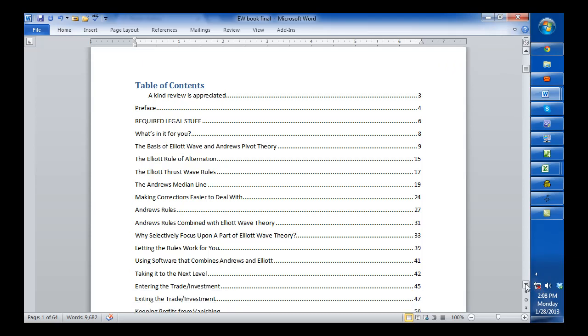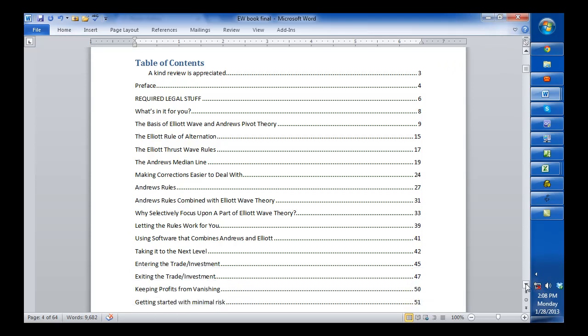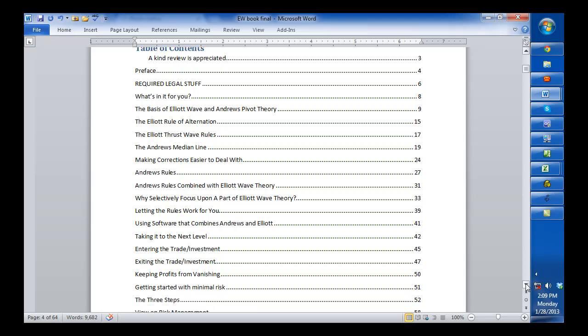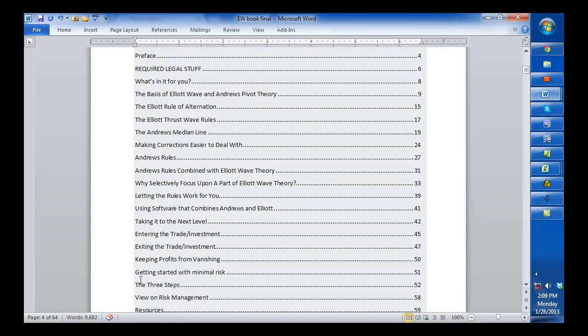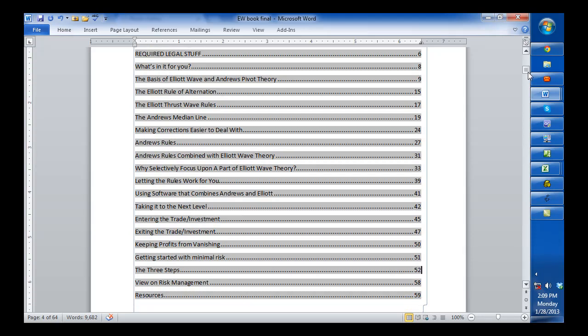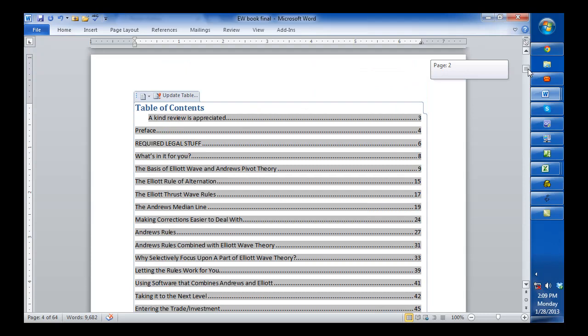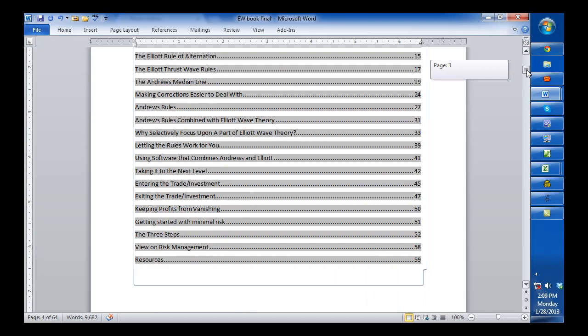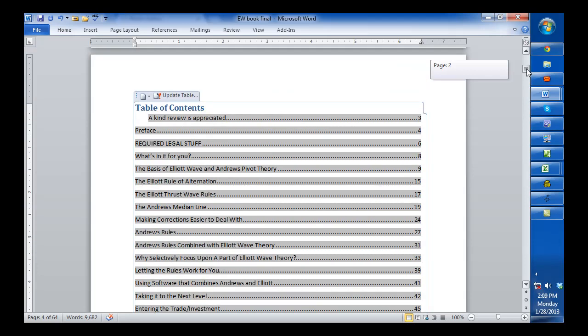We talk about Andrews rules and Andrews rules combined with Elliott wave, and letting the rules work for you, and using software for this, and entering the trade and exiting the trade, and getting started with minimal risk, and most importantly, we talk about the 3 steps, because there are 3 easy steps that you need to take in order to make this work and work well. And if you follow the 3 steps, chances are you'll have some pretty decent success. So the 3 steps are really important.